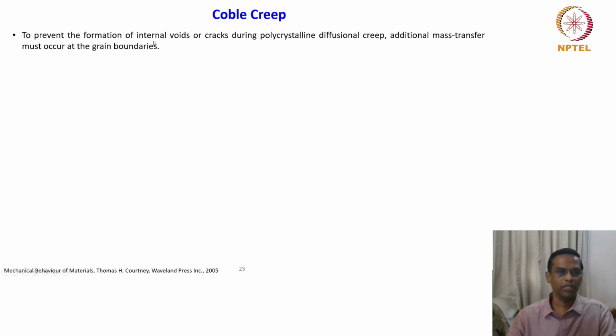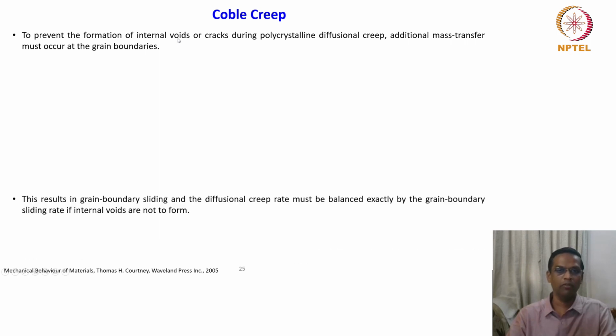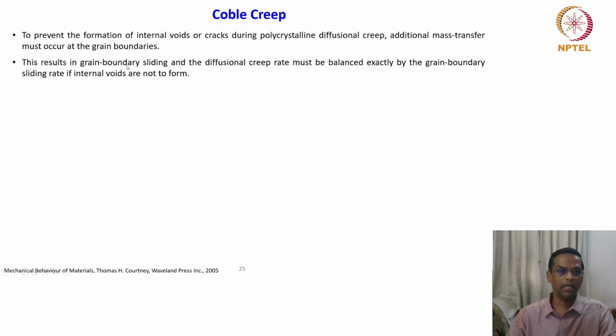So how do we understand this? To prevent the formation of internal voids or cracks during polycrystalline diffusional creep, additional mass transfer must occur at the grain boundaries. Obviously, right, if you want to avoid the voids or a crack, how to fill? Unless the diffusional flow happens, this cannot be filled. This results in grain boundary sliding and diffusional creep.